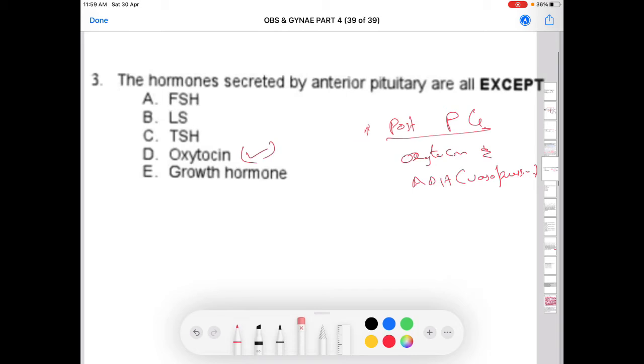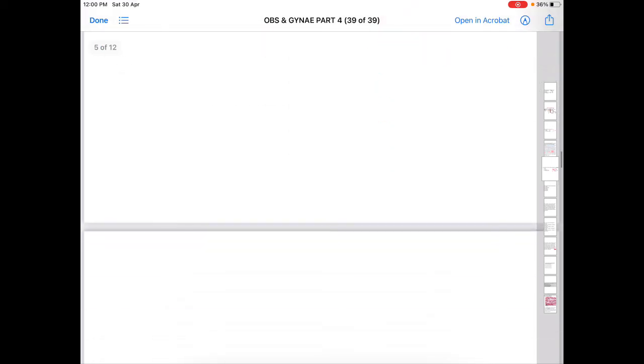These are the only two hormones secreted by the posterior pituitary gland, whereas all the other hormones are secreted by the anterior pituitary gland.